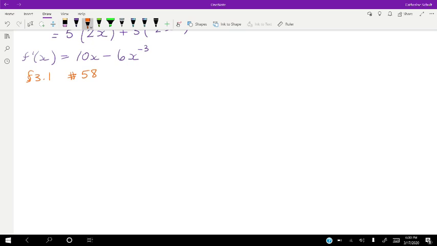So this is exciting. So let's write down some things. We're going to find an equation of the tangent line to this curve, x to the fourth plus 1, and we want the tangent line to be parallel to the line 32x minus y equals 15.